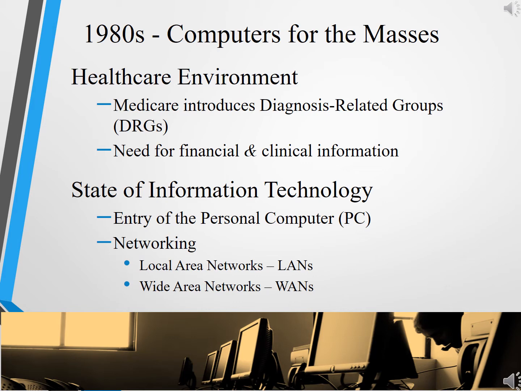In addition to controlling costs, this system was also meant to be an incentive to hospitals to become more efficient, as they would then be allowed to keep the delta between their costs and their revenues. Medicaid and other insurance companies soon followed suit. To this very day, DRGs continue to be the basis of how hospitals get reimbursed.